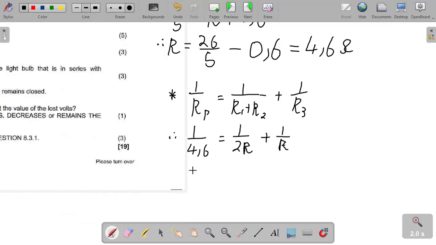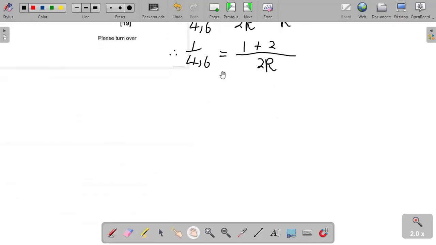Okay. And then we can find the LCD here. So 1 over 4.6 equals, and then 2R, and then it's going to be 1 plus 2. Okay. And then what happens?